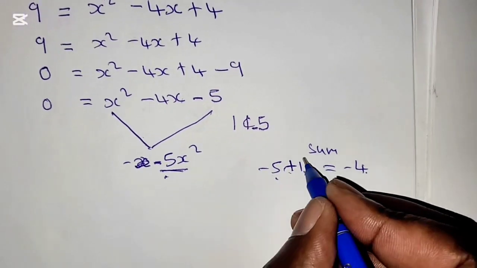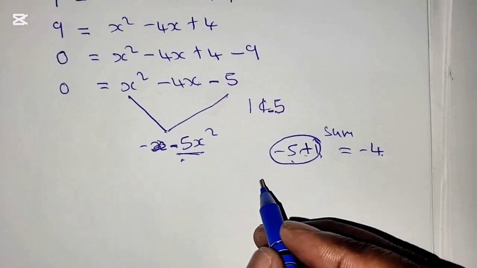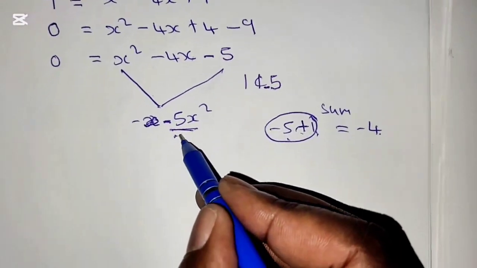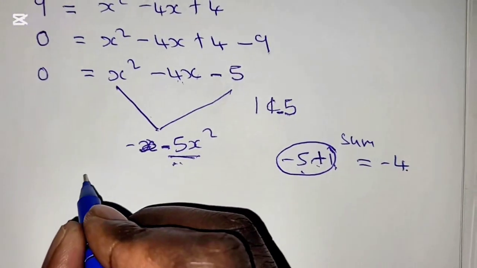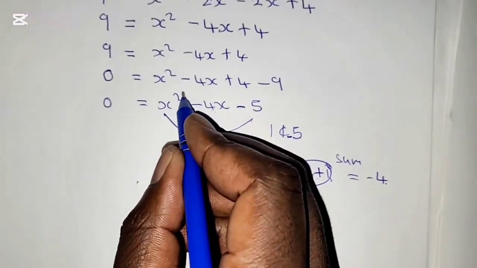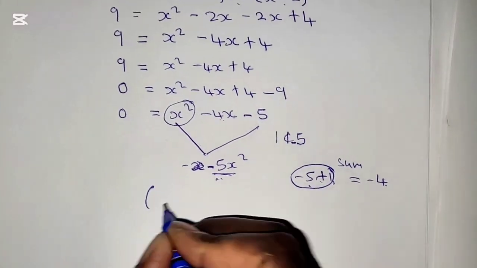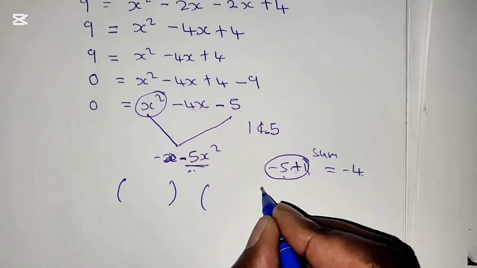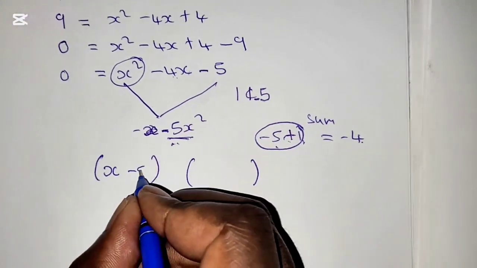Okay, so we have already found the what? The two factors that if you multiply, we get negative 5, and if you add, we get negative 4. So if our equation starts with the what? With a letter right here, we can simply put our two brackets in position. Then we're going to say x negative what? Negative 5.